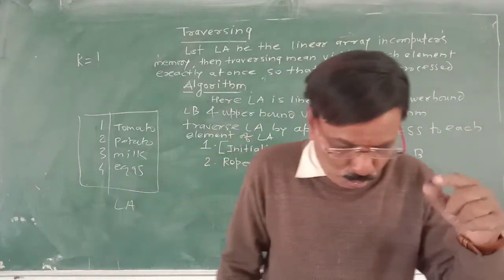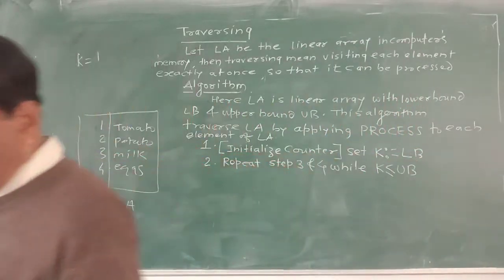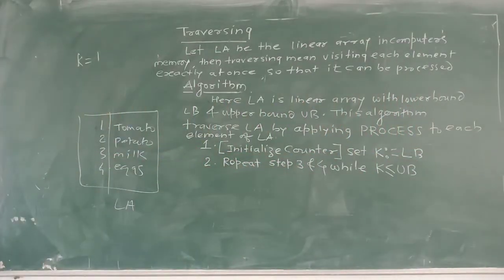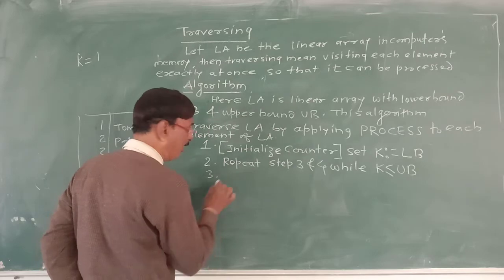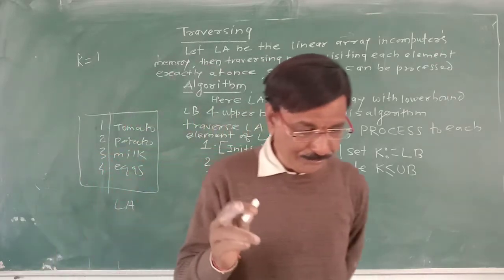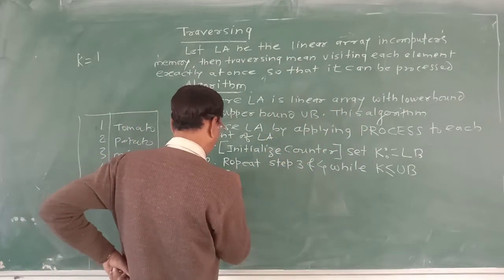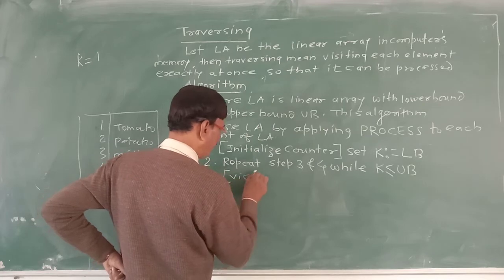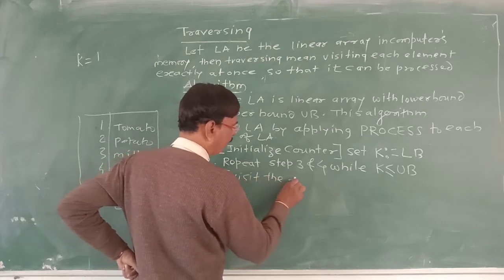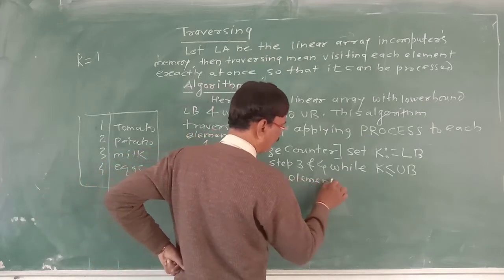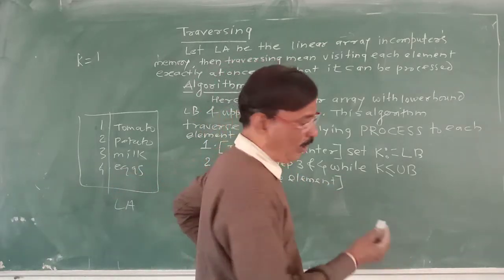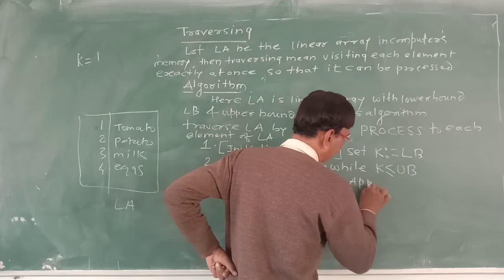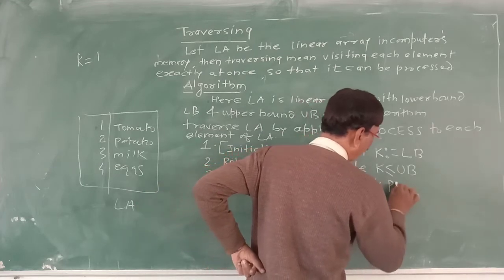So step number 2 is not doing anything itself; rather, it is telling us to repeat steps 3 and 4. Step number 3: visit the element and apply the process to the array.